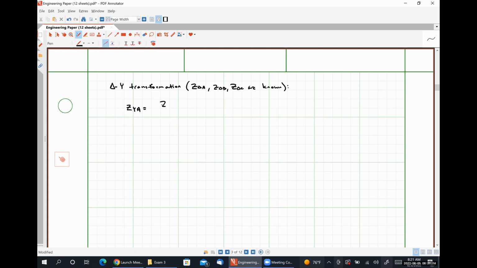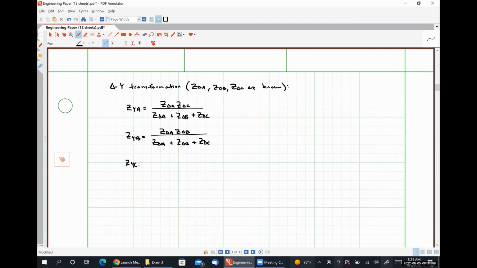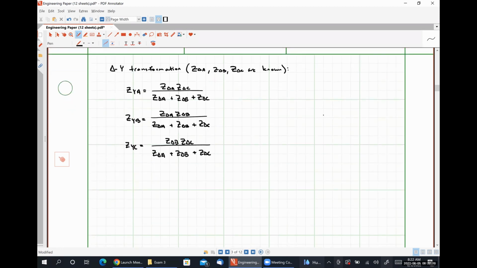ZYA is equal to Z delta A times Z delta C divided by Z delta A plus Z delta B plus Z delta C. ZYB is given by Z delta A times Z delta B over Z delta A plus Z delta B plus Z delta C. And ZYC is given by Z delta B times Z delta C over Z delta A plus Z delta B plus Z delta C.